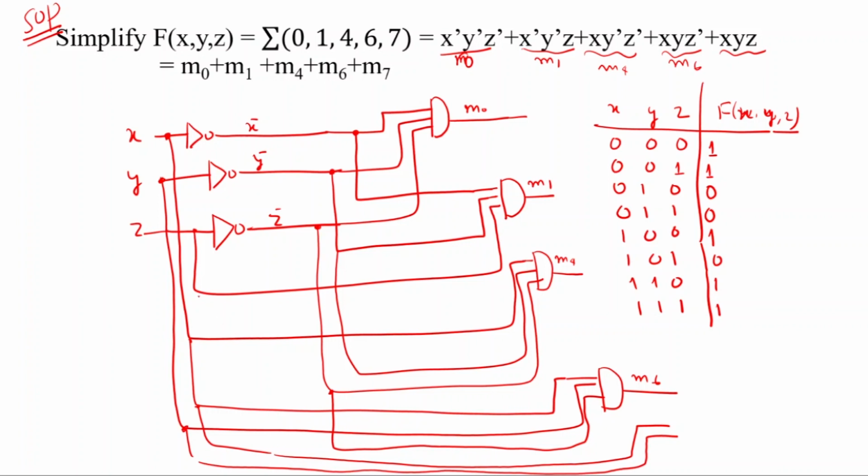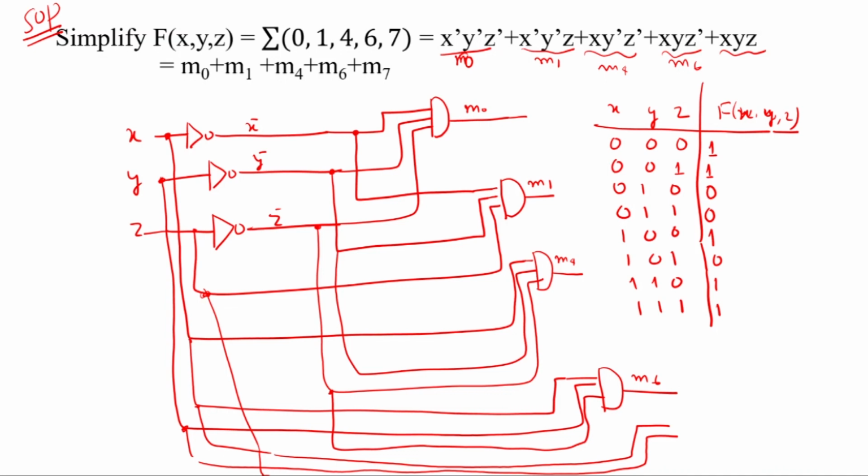Z is this, z is taken from this, and this represents m7.